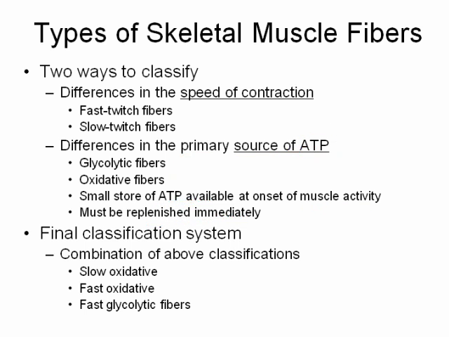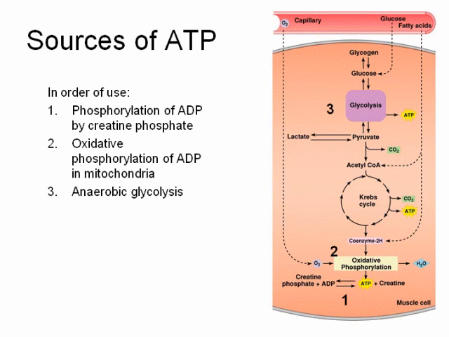We'll be talking about this in some detail in subsequent slides. So with the two systems, there's a final classification system, which is a combination of these. We can have slow oxidative fibers, fast oxidative fibers, and fast glycolytic fibers. Let's take a look at sources of ATP.